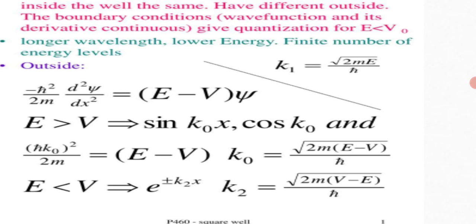For energy less than the potential, we get k2, equal to the square root of twice m (V minus E) divided by h cross.